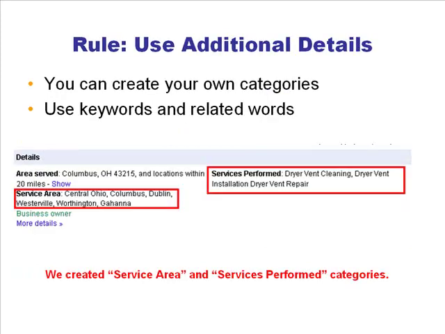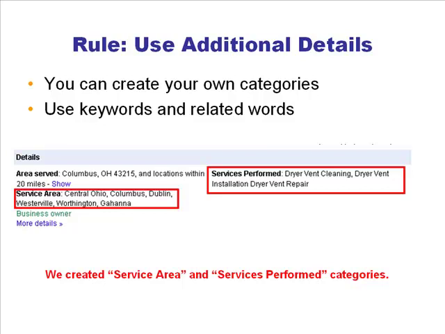Here's some extra things that you can add. The services performed in the service area. These are going to be keyword related. They're going to define your category, and they'll let you really create your own category. A few minutes ago, Mark was talking about Sub-Zero and being able to target certain brands that you service.